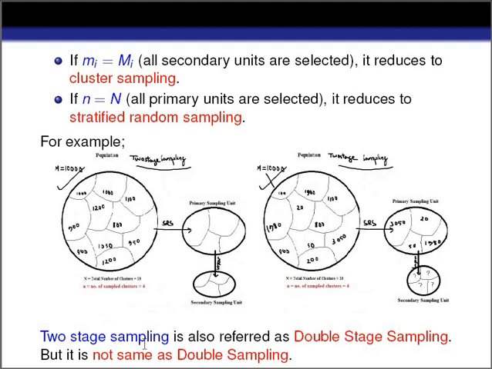So why do we do so? Because it may happen that clusters are very large in size, so collecting information from each and every object of the selected clusters becomes very costly and time consuming. So just to minimize our cost and time, we prefer to take some samples from the selected clusters. It will reduce the cost as well as the time of the survey.